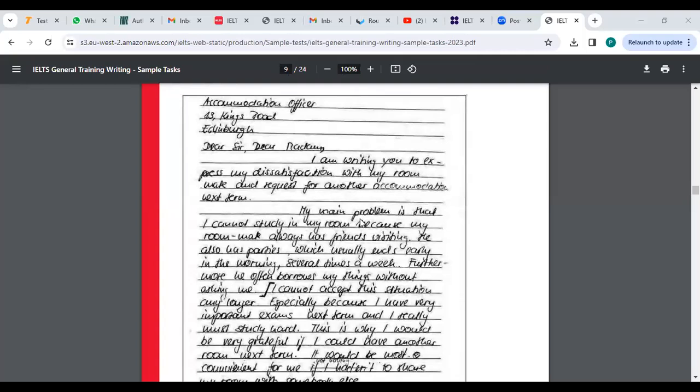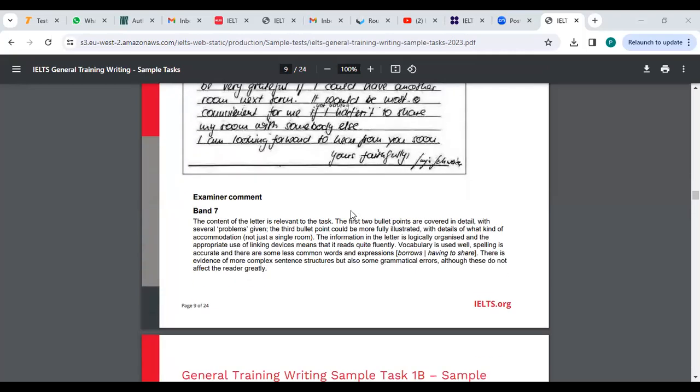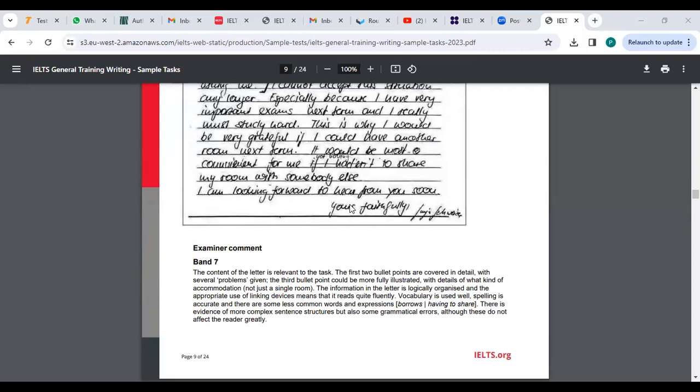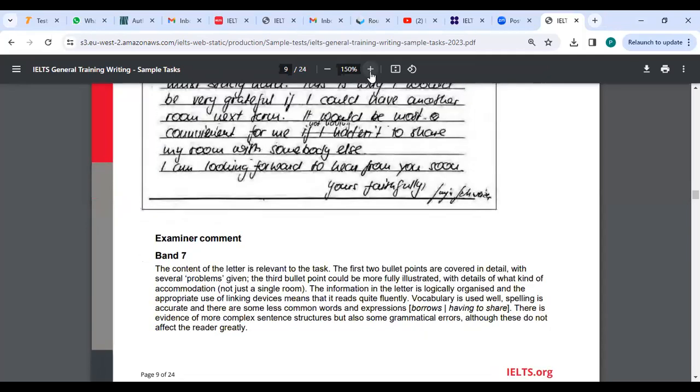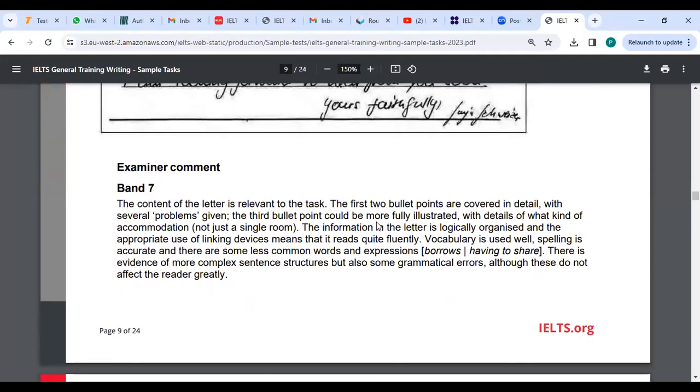But strangely enough, do you know the band score this guy got? Let me show it to you. Wow, seriously? So strangely, this guy got a band 7.